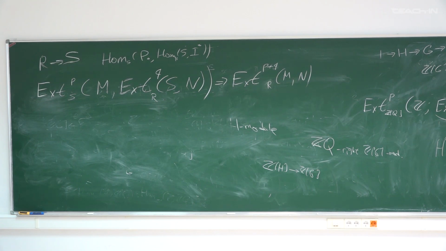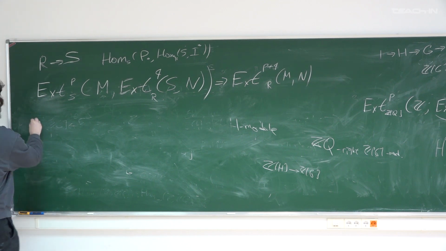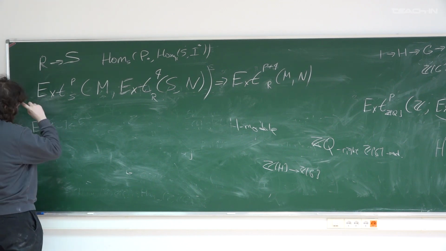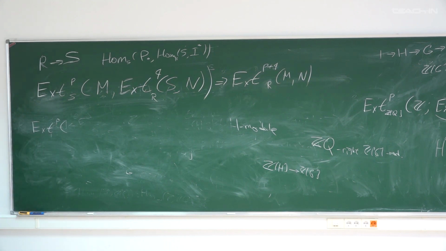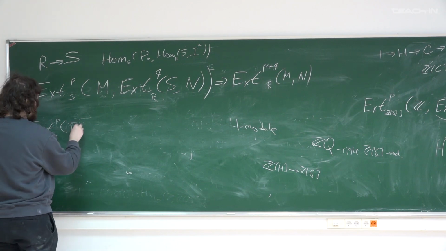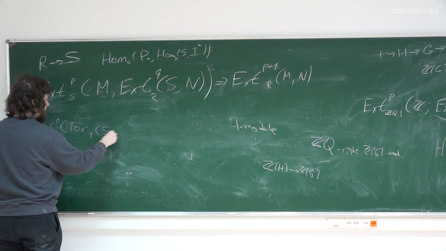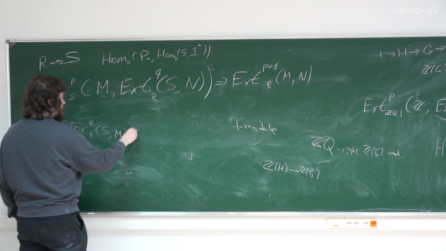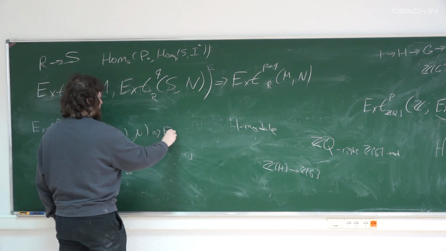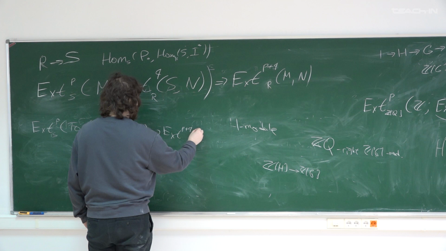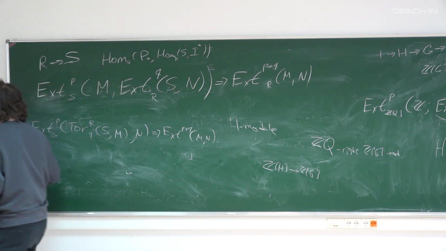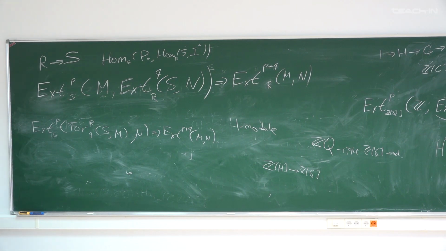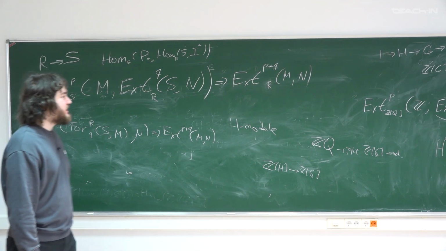I have a spectral sequence of this form, Ext^p of S, Tor_q^S of M and R, which converges to Ext. Okay, it's always true.